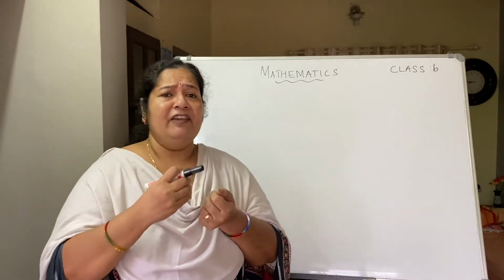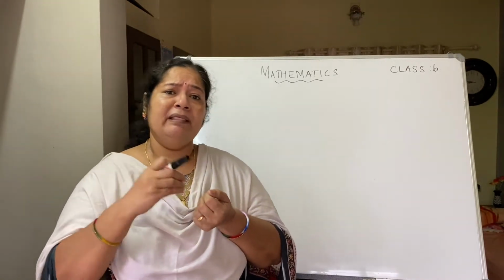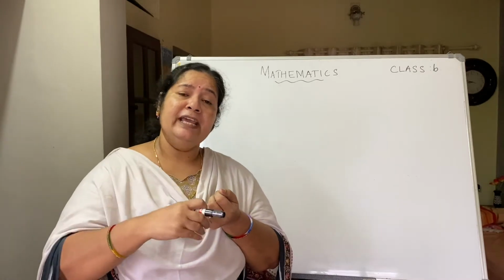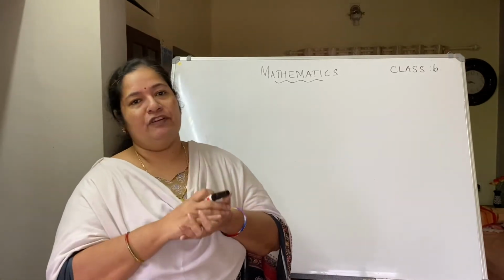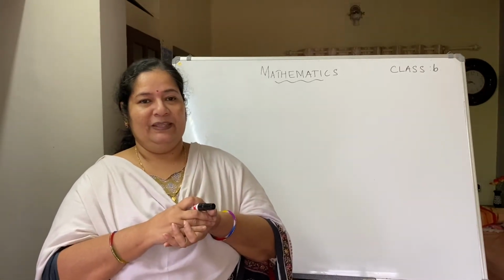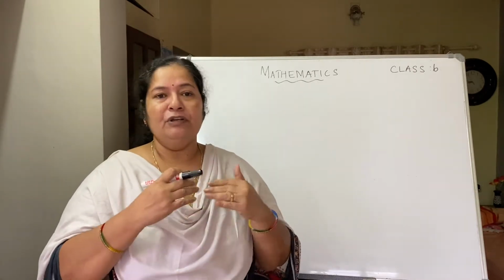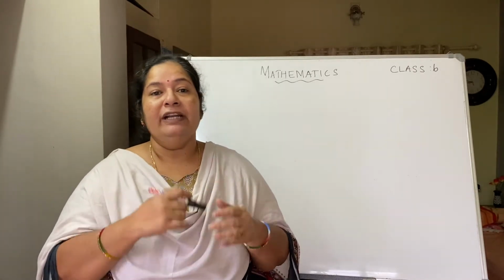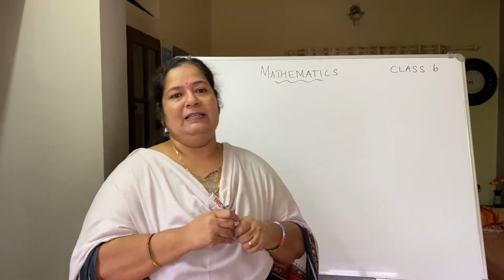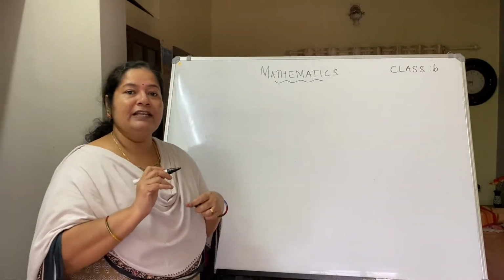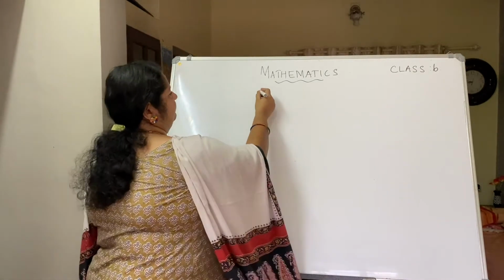Now, there is one more way to represent this part of a whole, and that we are going to learn as a new topic. We call it decimal. So the next unit for us to learn is decimals.